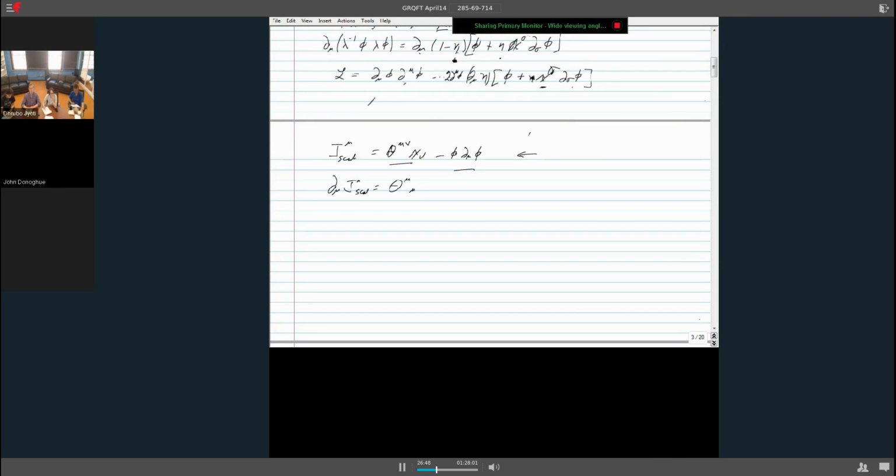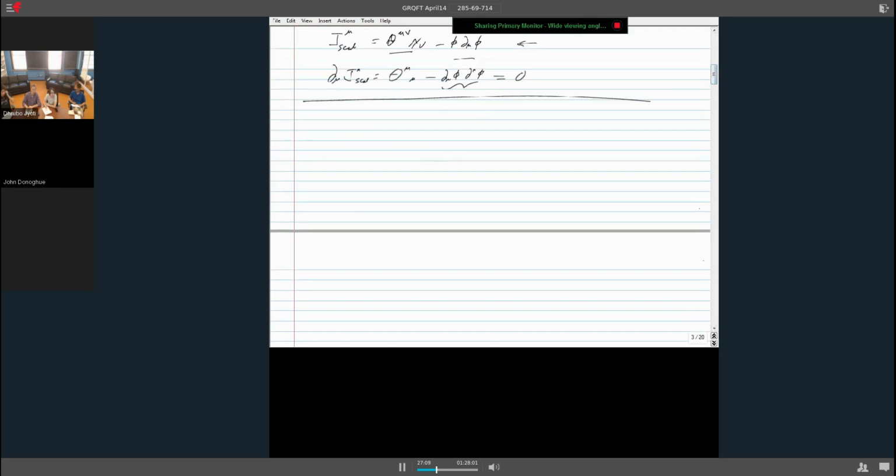If you take the usual energy momentum tensor for a scalar, and you take its divergence, this guy cancels this. And so the divergence of J mu scale, well, the divergence of theta is 0, so it's theta mu mu.